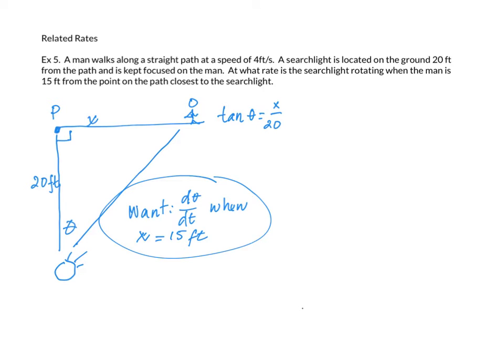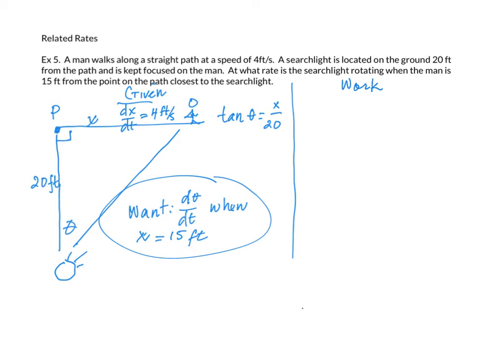We also know from the given information that the speed along the path as the man walks along the straight path is dx dt equals 4 feet per second. We're going to need to use that later. So here's our given, and let's go to the right to show our work.